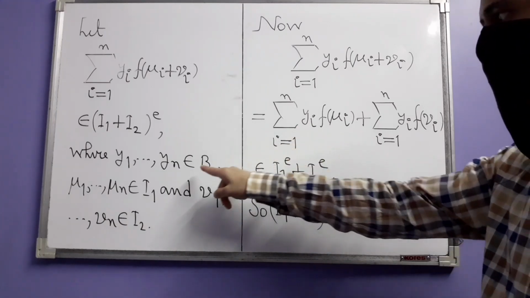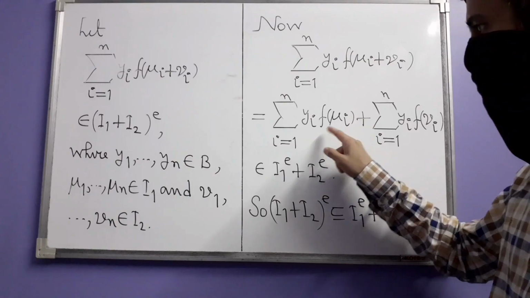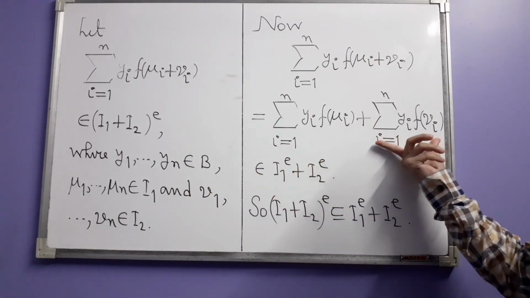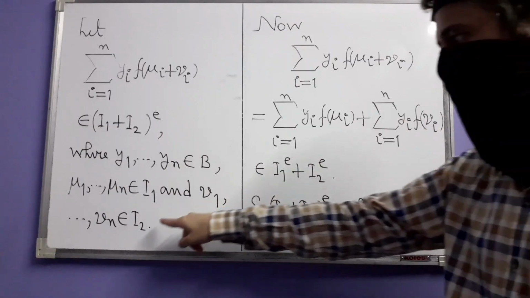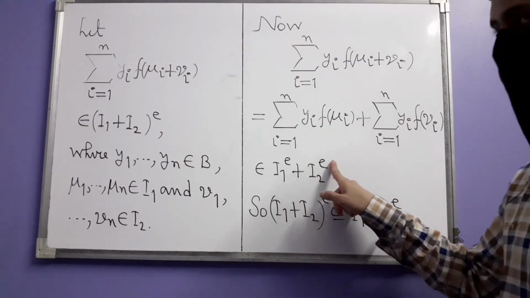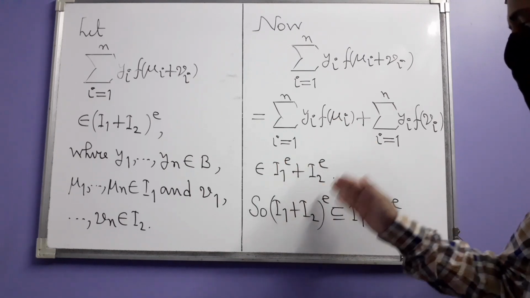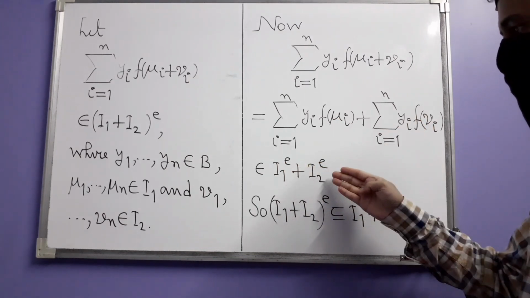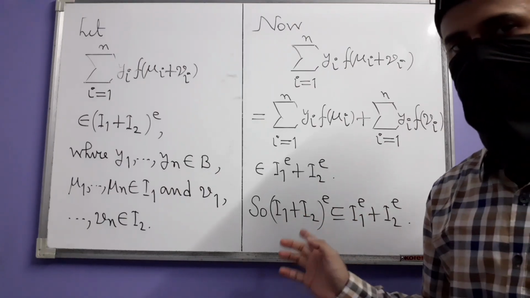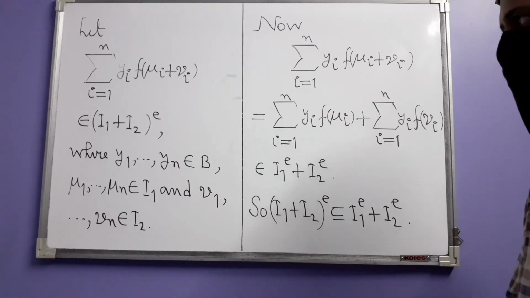Well, all the yi's already are coming from B, and all these mu i's are in I1. That is why. Similarly, this second sum where all the nu i's are coming from I2 belongs to the extension of I2. And that way, any element in the extension of I1 plus I2 is also present here. So that is why this is also contained in this. Combining this containment and the previous one, you have equality.